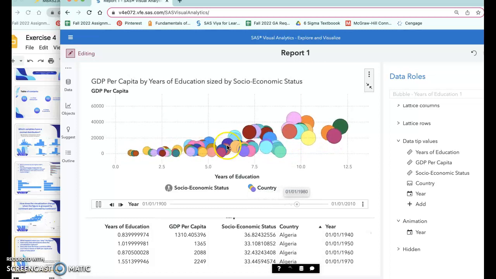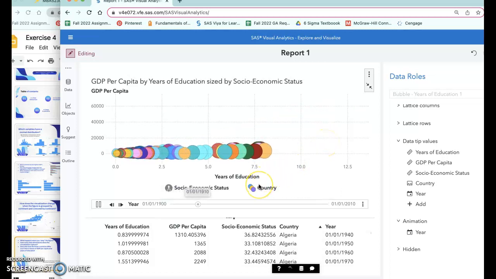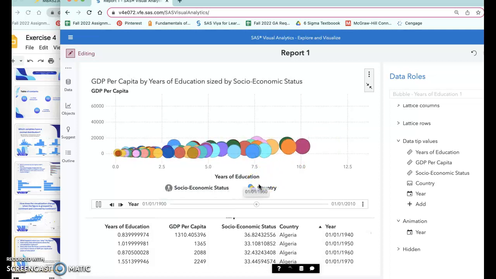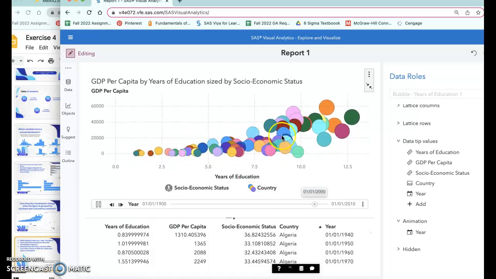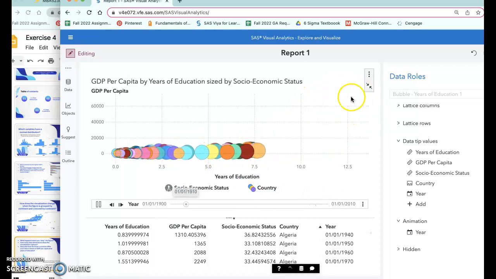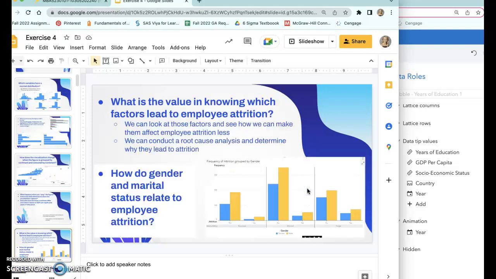All of them do. I don't think any of them stay consistent. There's a lot of change back and forth. As we can see in that trend, a lot of them go backwards, but then eventually they all spike up toward this upper quadrant. Let's see. Okay, now we are back to this part.